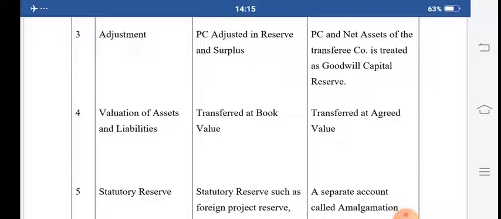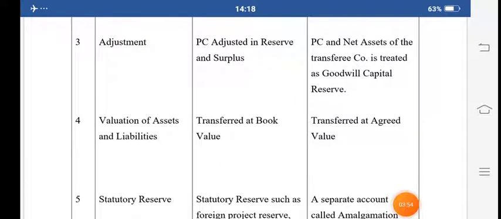But in the purchase method, the difference between the purchase consideration and the net assets of the transferor company is treated as goodwill or capital reserve. This adjustment is related to the purchase method.